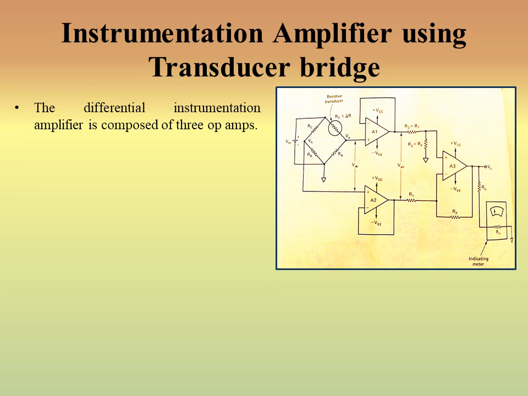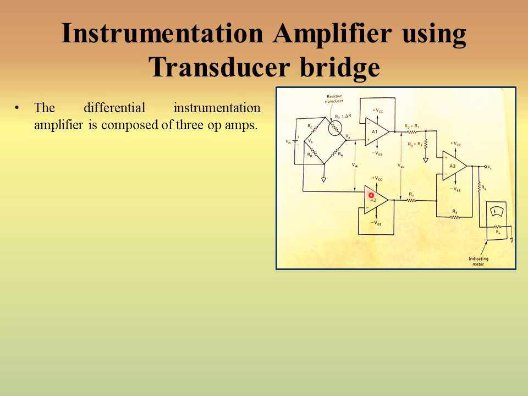As you can see, the initial two amplifiers both work as voltage followers. They are used because they reduce the loading of the input circuit on the output circuit, and they act as a buffering circuit. They isolate the input stage from the output stage.